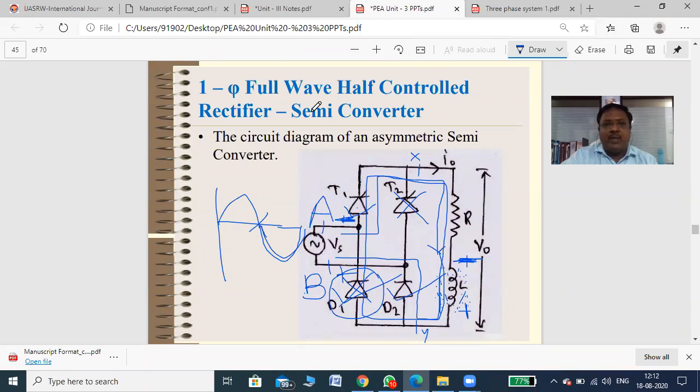So definitely the energy stored by the load is not fed to the supply. It is bypassed from the supply, but it is fed from L, Y, D1, then thyristor T1, X, R, L, and so on, right?